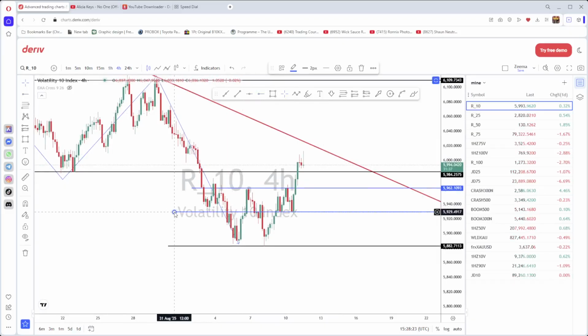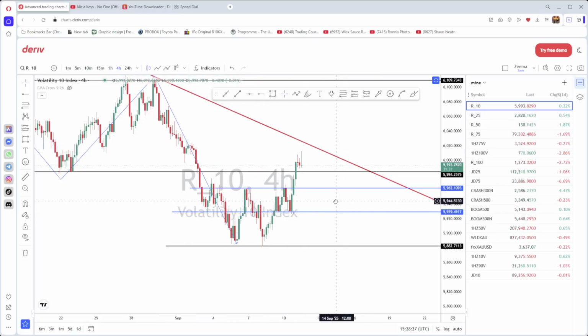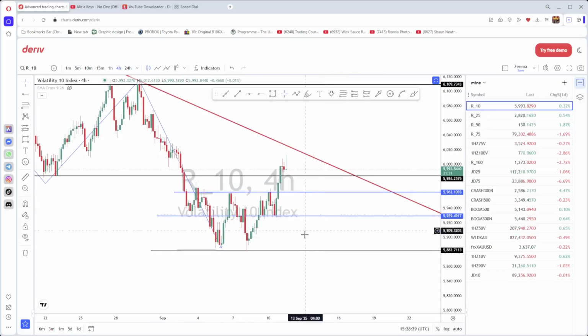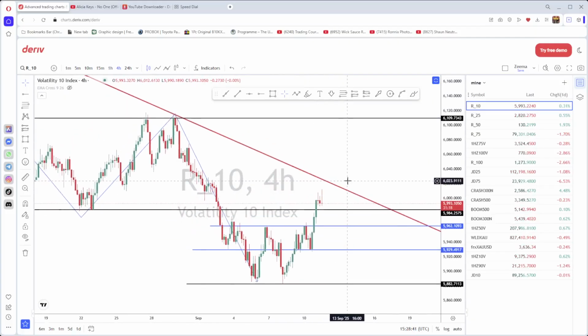I'm going to take it to the tip of the one here. Only one touch, you see me? Just be mindful of those areas. So inside here is like a no trade zone. You could take a trade from here if it's a demand trade. But anyways, we're in a pullback so far.